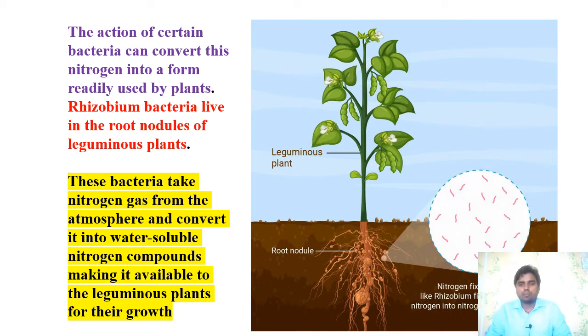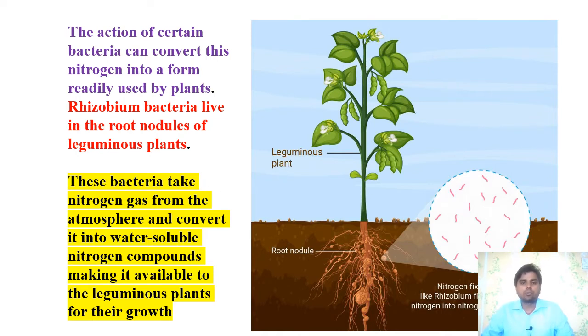Basically, first of all, we will discuss how naturally the soil takes back its nutrients. So first we will study the natural method through which the soil replenishes its nutrients. And secondly, we will discuss how man-made activity replenishes the nutrients in the soil.